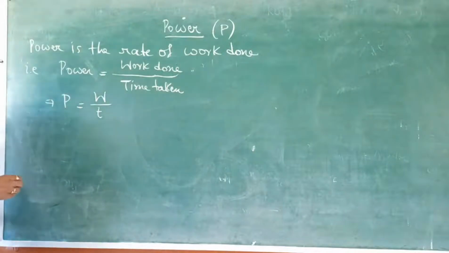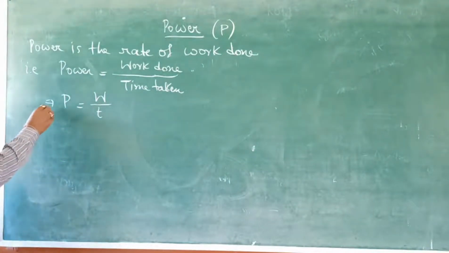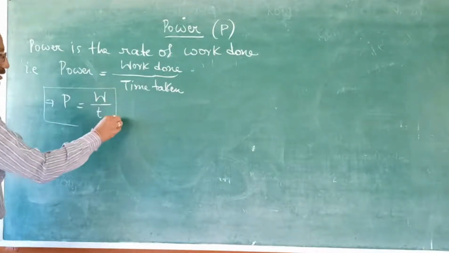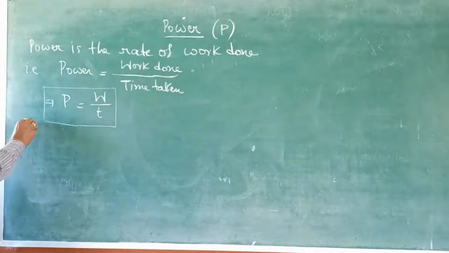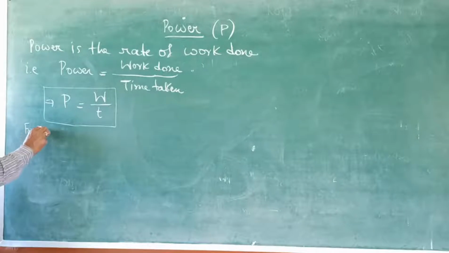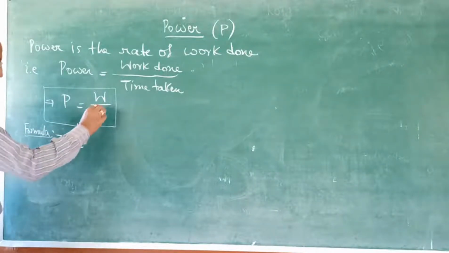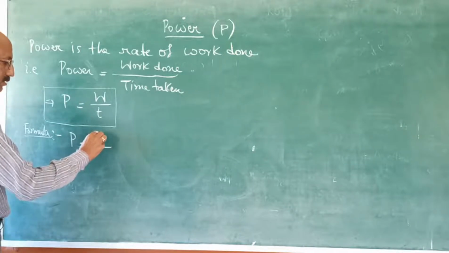Now there are different formulas of power. Using power equals work done by time, formula 1: you know, work done is the product of force and displacement.